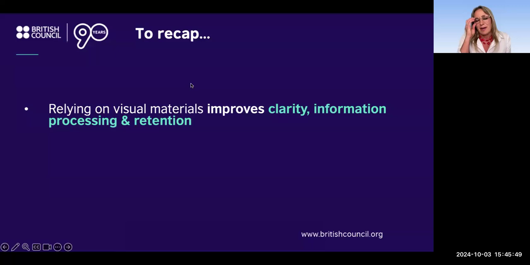So to recap, I think relying on visual materials is really an invaluable resource. It improves clarity, information processing, and retention, because it's much easier to remember an image than a string of words.